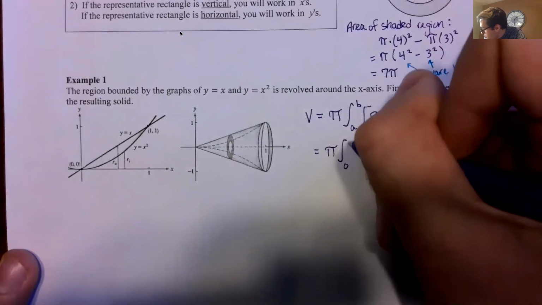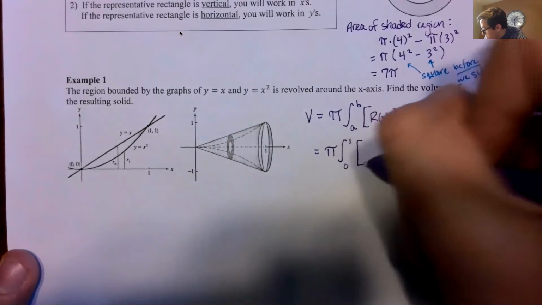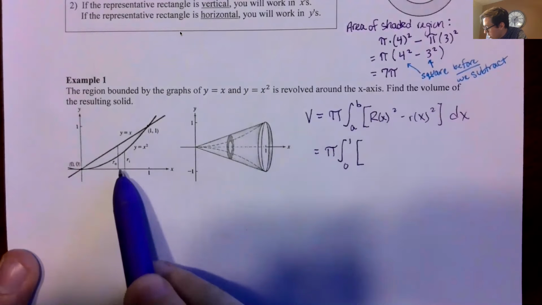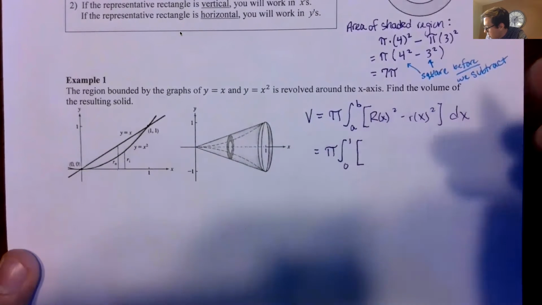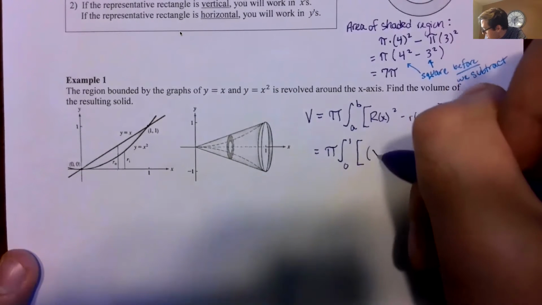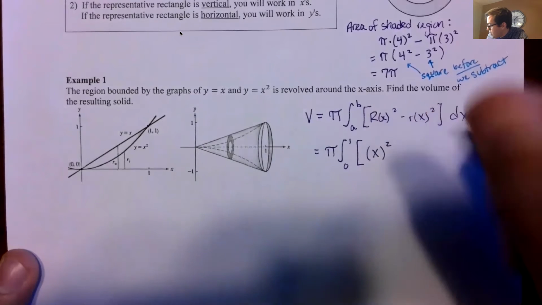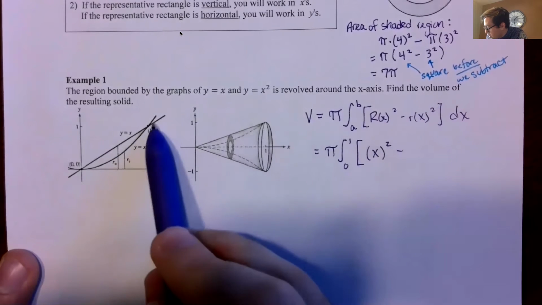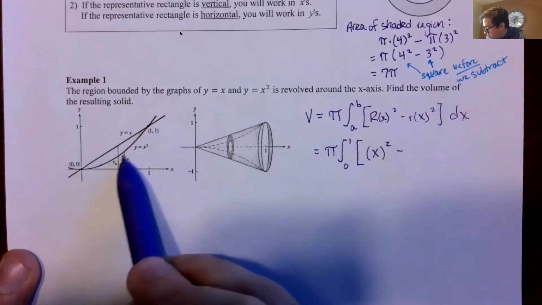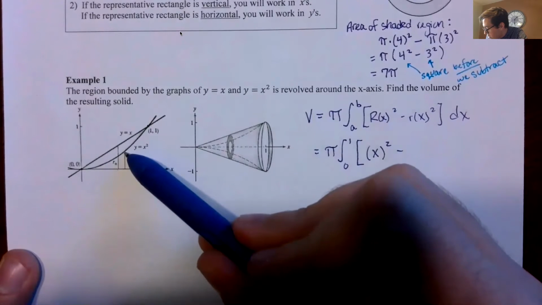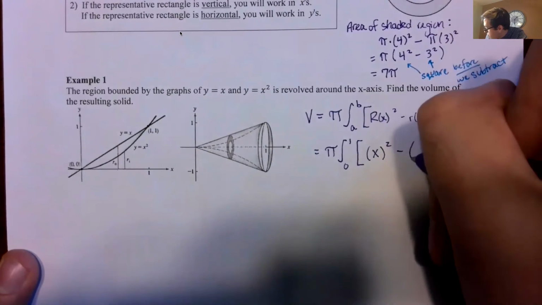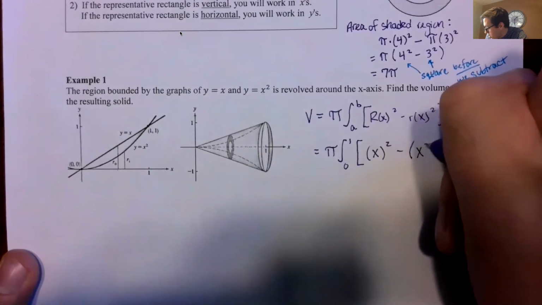So we're going to go from 0 to 1. The outer radius is going to be from the x-axis up to y equals x, so that can just be represented by x. The inner radius is this curve x squared, and it can be represented by going from the x-axis up to x squared, which can just be written as x squared.